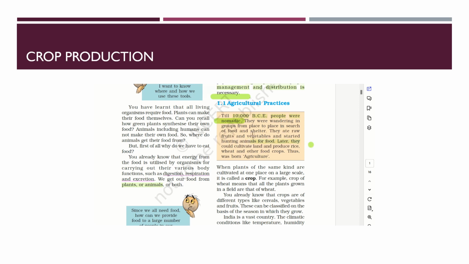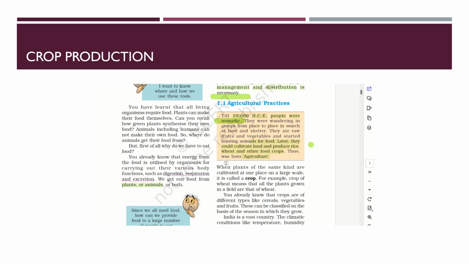They started hunting animals, and later on they started cultivating food in their land, that is wheat and other food crops. Like that the term agriculture was born, and from that 10,000 BC we have been carrying on these agricultural practices, right?